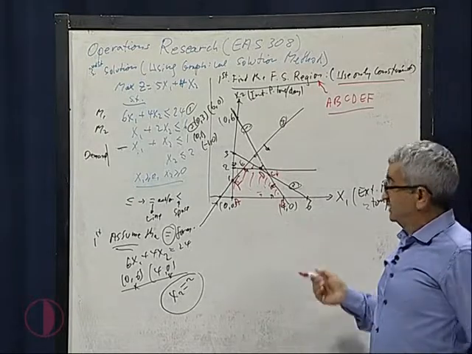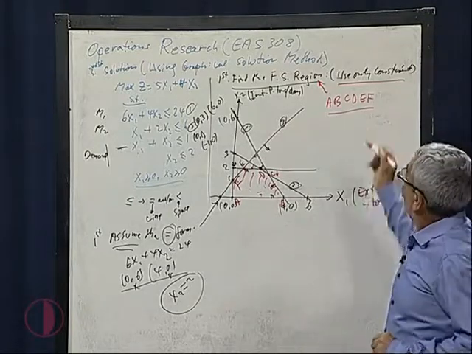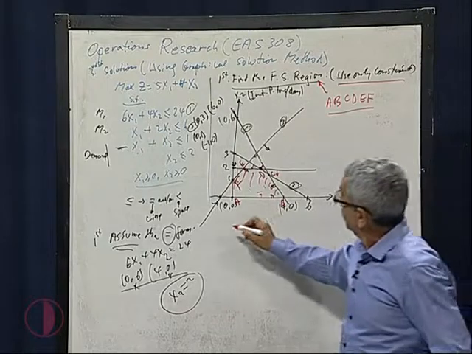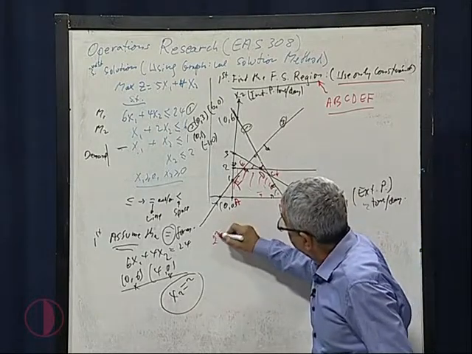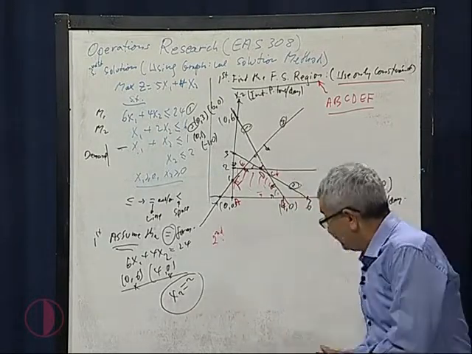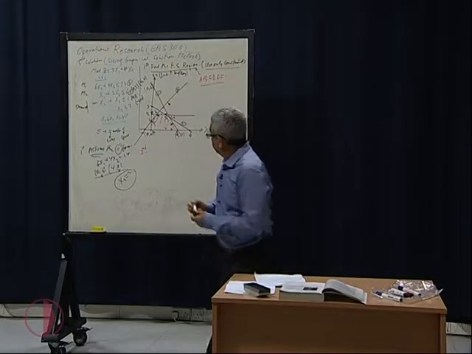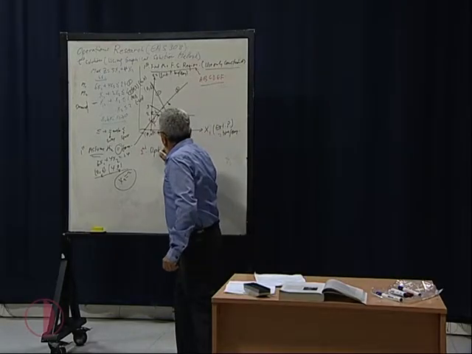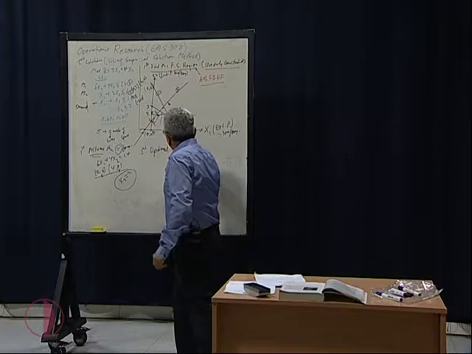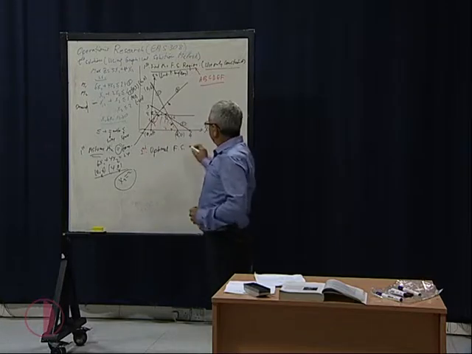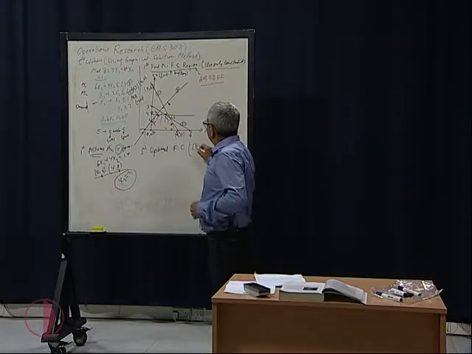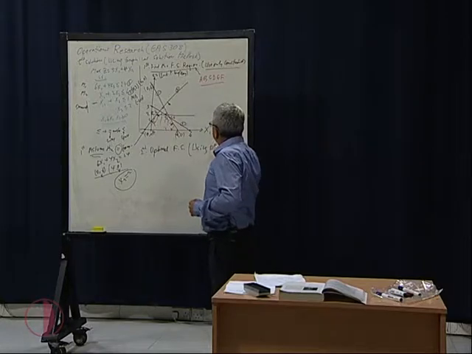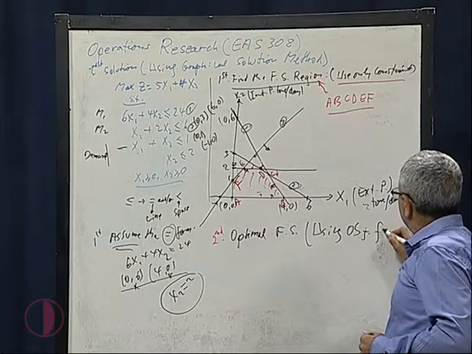In order to find the optimal feasible solution, it is the second step. Second step, optimal feasible solution. How can we find the optimal feasible solution? We find it by using the objective function.